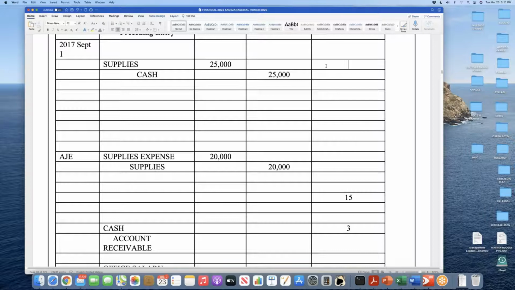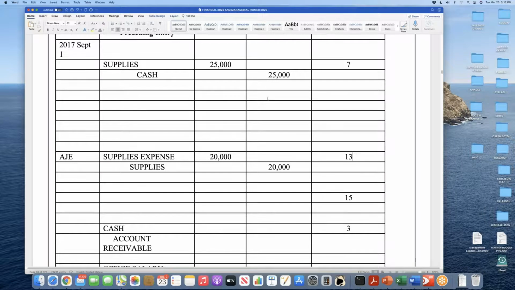And for utilization of an expense, which one is that? 13. So whenever there's an AJE for supplies, it's like this. Any questions?